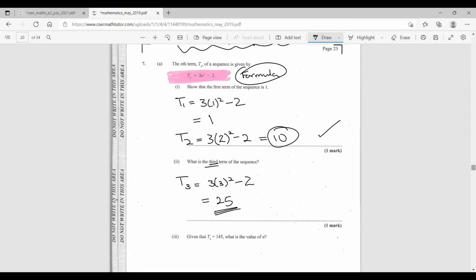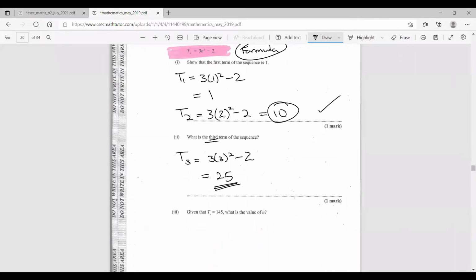Yeah. All right, given that Tn is equal to 145, what is n? Three n squared subtract 2. They said this is equal to 145.